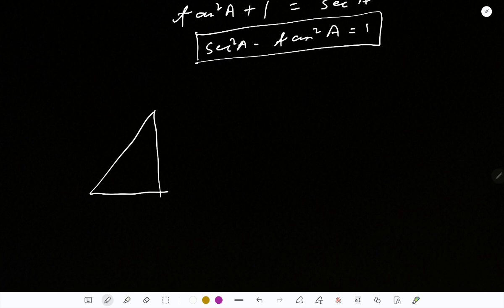and make it, although I cannot draw it well, but make it an isosceles right angle triangle. 90 degree is here, and if we take 45 degree, this angle will automatically become 45 degree.